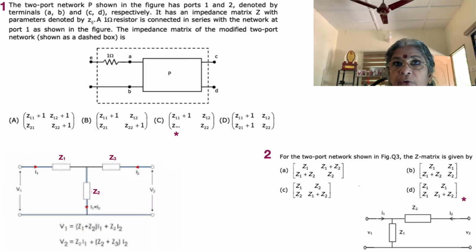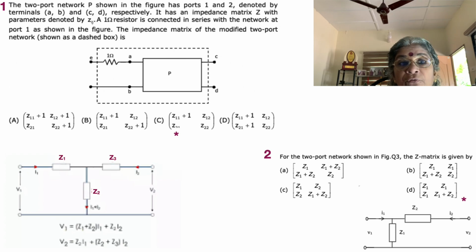If you look at what we had put in the earlier slide, it is equal to V1 by I1, where I2 is equal to 0. So then it's very clear that V1 is applicable across the impedances Z1 and Z3. So Z1 plus Z3 gives us Z11. Similarly, Z2 plus Z3 gives us Z22. And what is in between, which is equal to Z12 as also Z21, will be Z3.